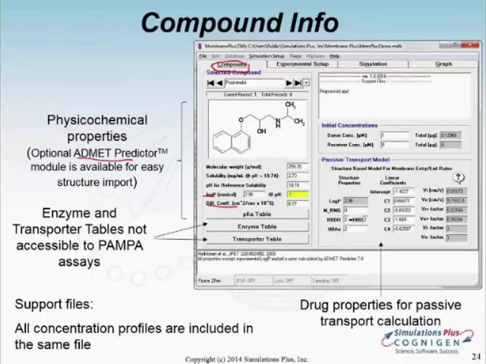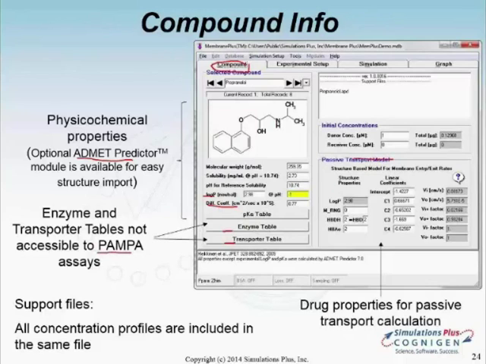Our ADMET Predictor module is linked and available for MembranePlus, just like it is for GastroPlus, and you will have the option to have this set up quite easily with the structure import. Enzyme and transporter information, again, is for setting up or fitting your Km and Vmax values. Of course, this will not be applicable with the PAMPA assays. This will be applicable only for the cell-based assays.